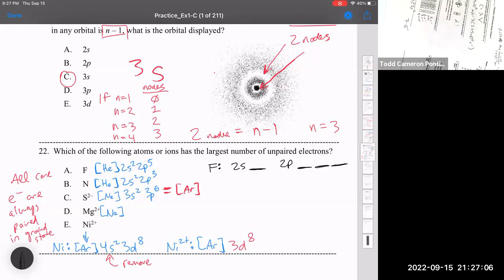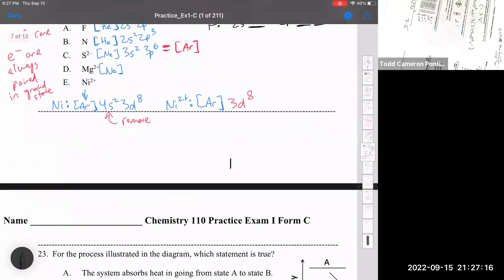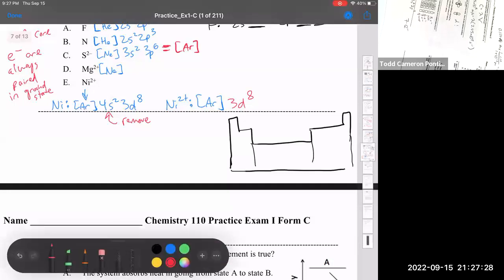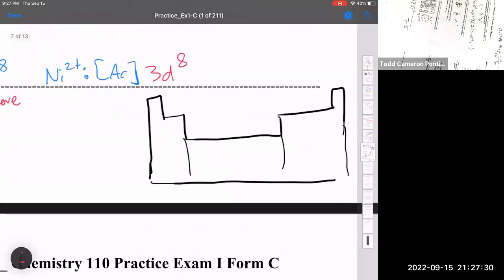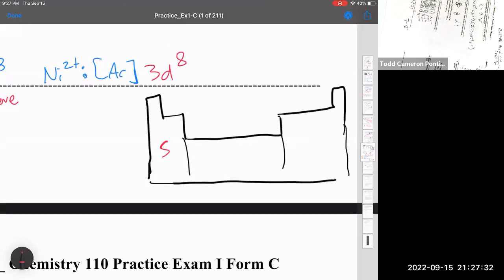If you ever forget how many electrons fit in a given subshell, look at the periodic table. And remember that the periodic table is broken into zones. Just like Beaver Stadium, the periodic table has an S zone.